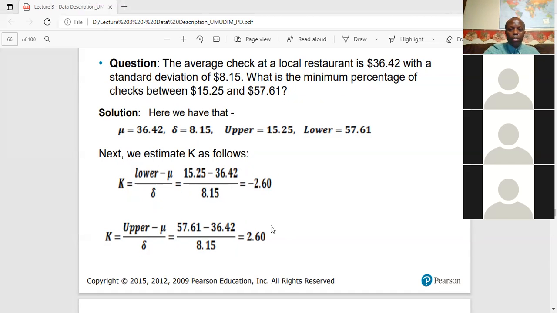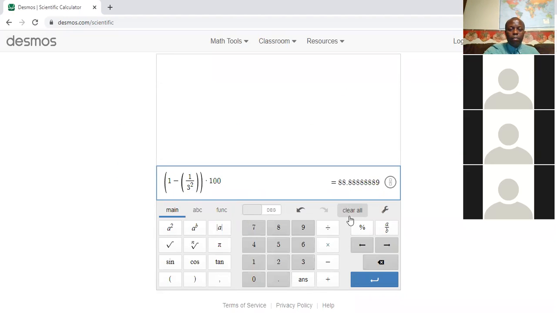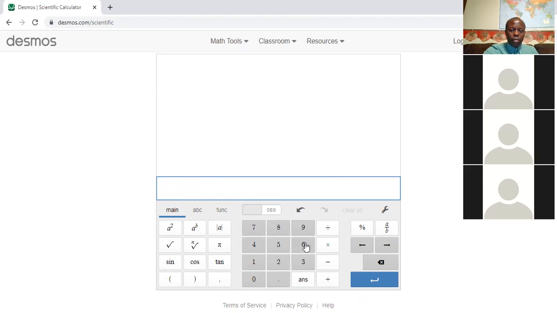With the calculator, the lower end is 15.25 minus the mean of 36.42.